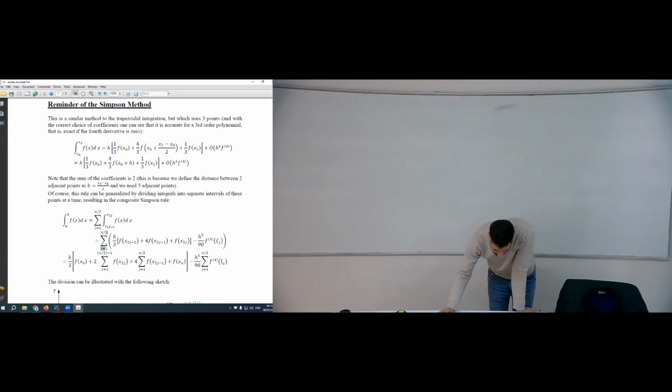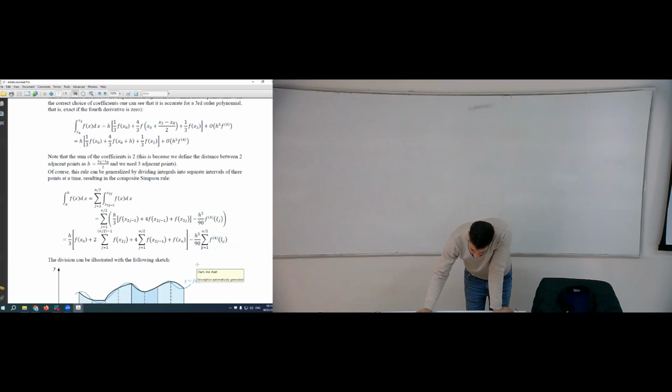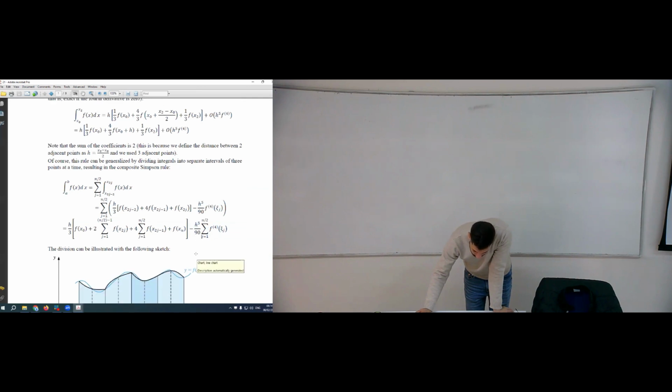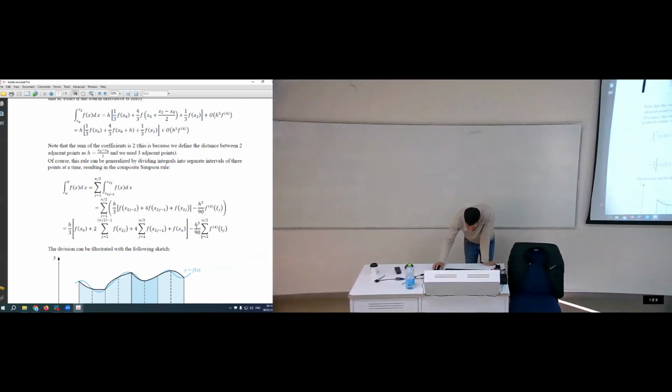And when we add n/2 of these numbers, we get, I think here we should have n/2. Okay, so it's h to the fifth divided by 90 or 180.